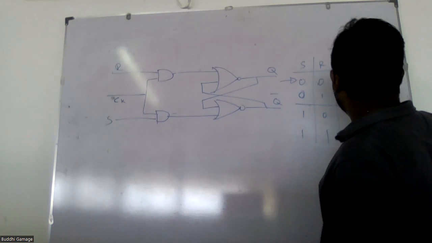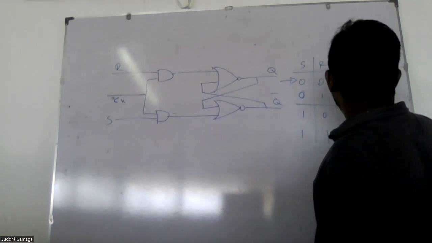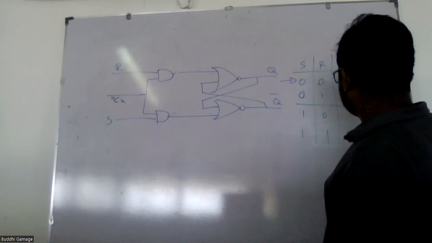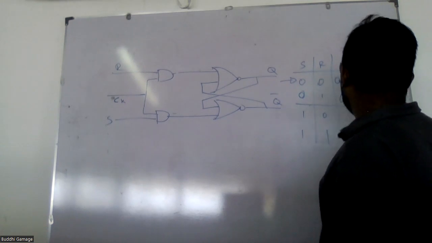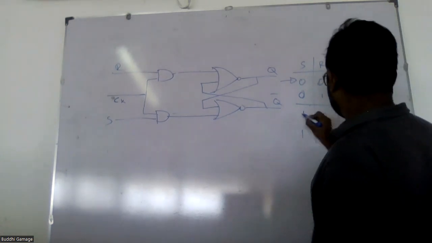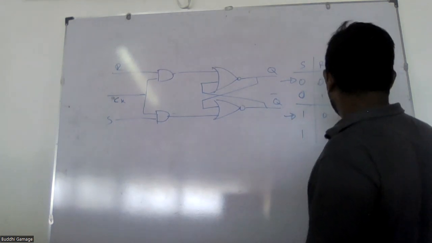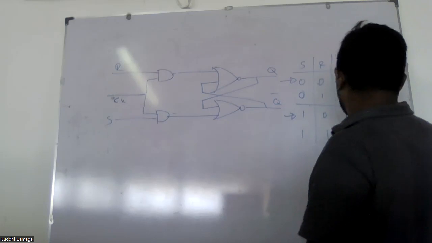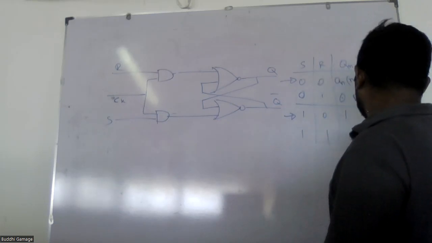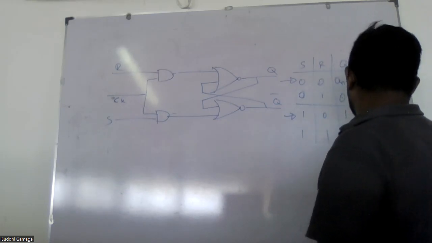No change means we keep the current state. Reset means we set to 0. This is the set state, which means we set to 1. And we call the last one invalid.